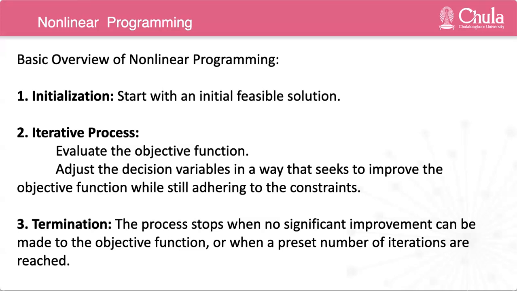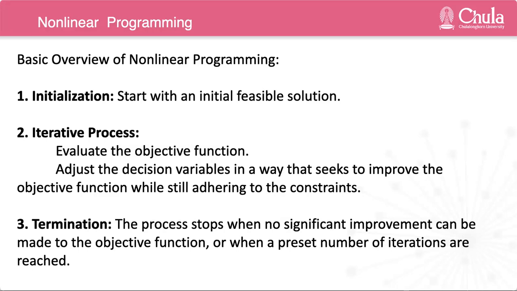But the basic idea of nonlinear programming follows these steps. The algorithm starts from initialization. We start the algorithm using an initial feasible solution, and we follow an iterative process to evaluate the objective function and adjust decision variables in a way that seeks to improve the objective function.